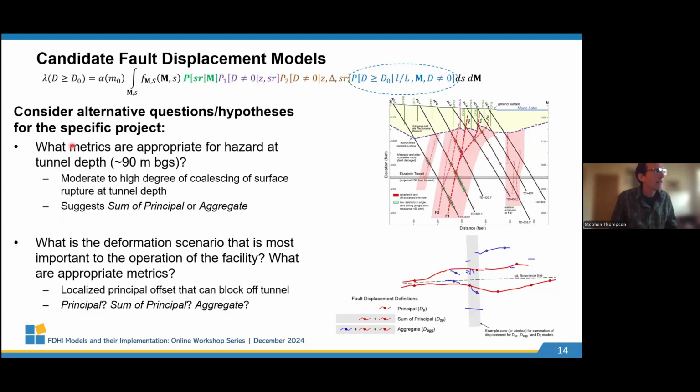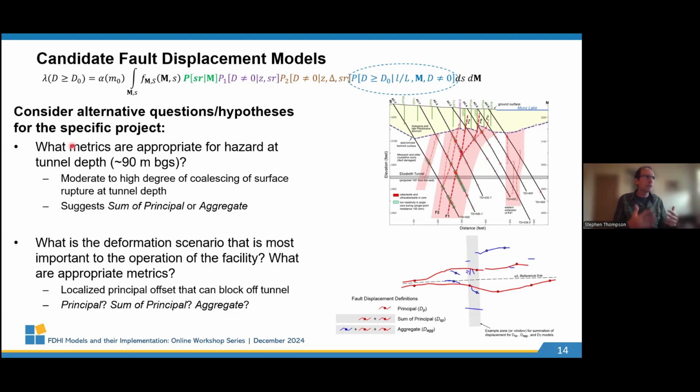Okay, candidate displacement models. This is what this conference is mostly about. In considering which models to use, which of these displacement definitions are most applicable, we want to think about the questions or the hypotheses that are relevant for a specific project.